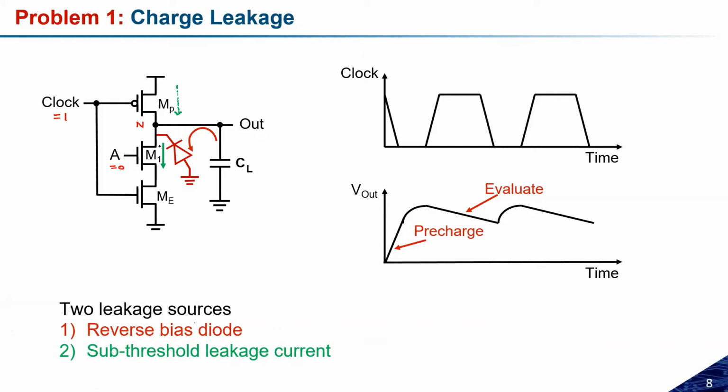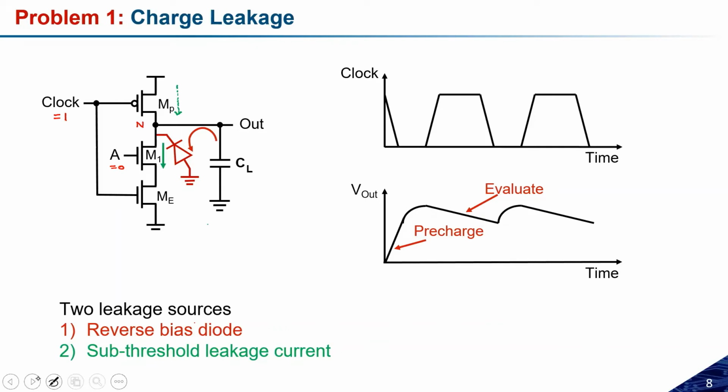So it will discharge more instead of charging. Definitely the MP subthreshold leakage current will be responsible to charge it back, but because there is more discharging as compared to the charging, effectively the discharging will be more. So this is the thing which we should consider here.